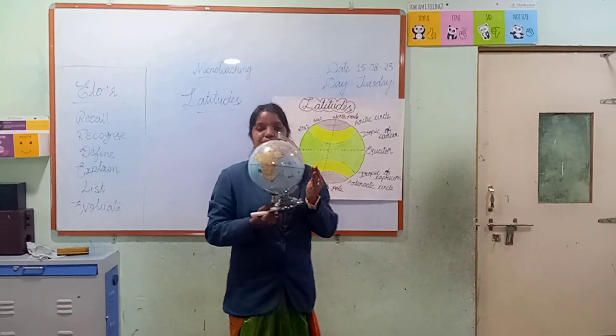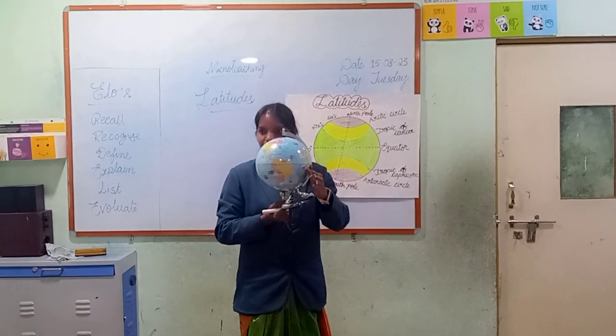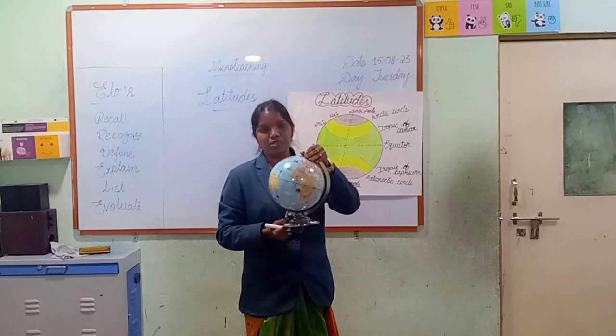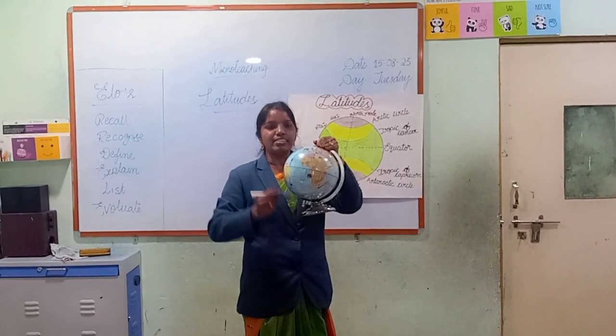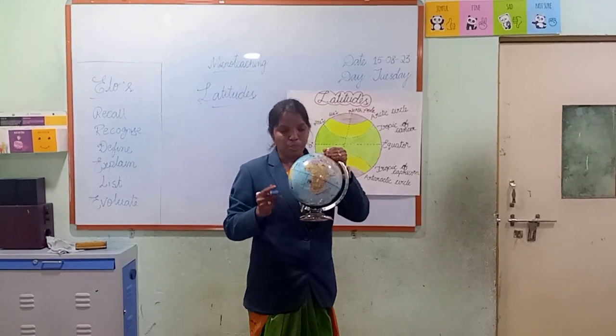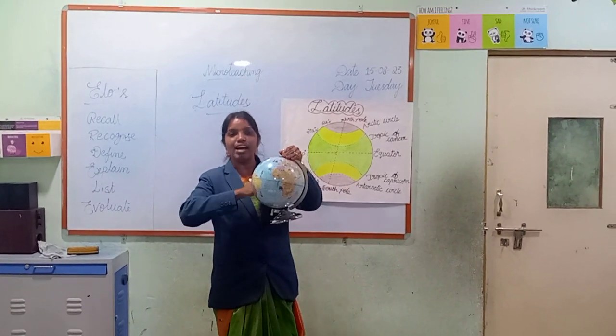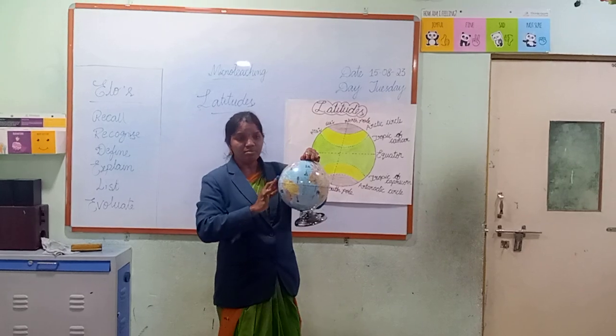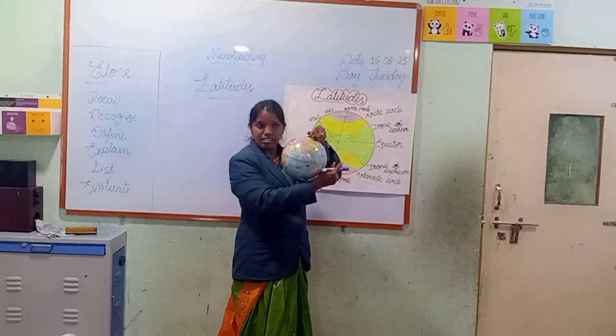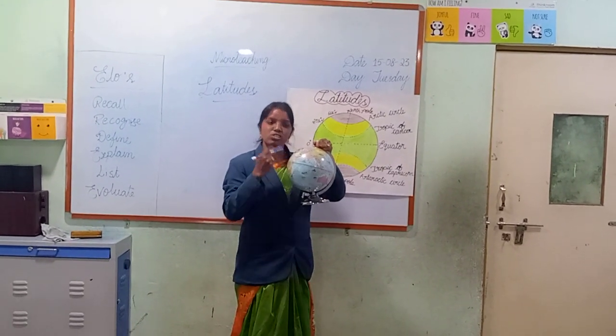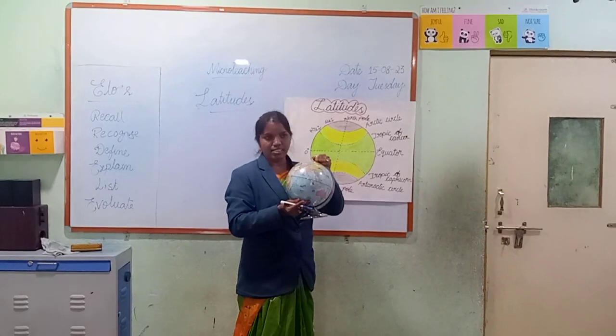Why? Because it is a spherical model. For example, here this is the north pole and this is the south pole. When you observe these places, we can't see the places on the other side. Whenever you rotate this, again you observe the places on the other side.